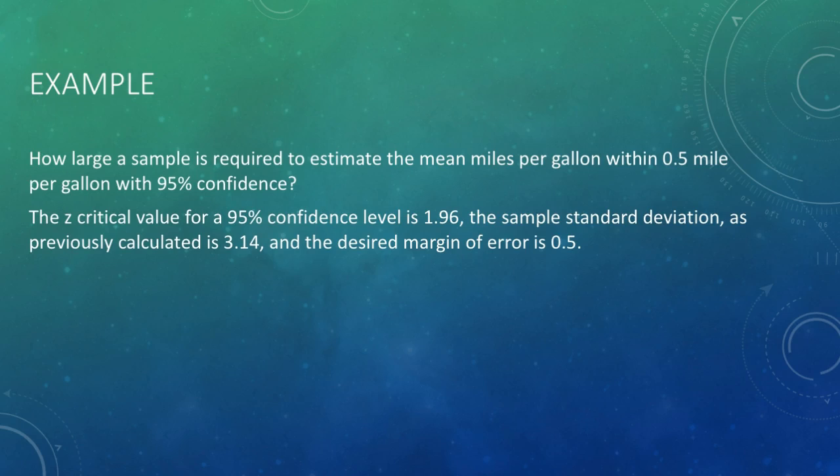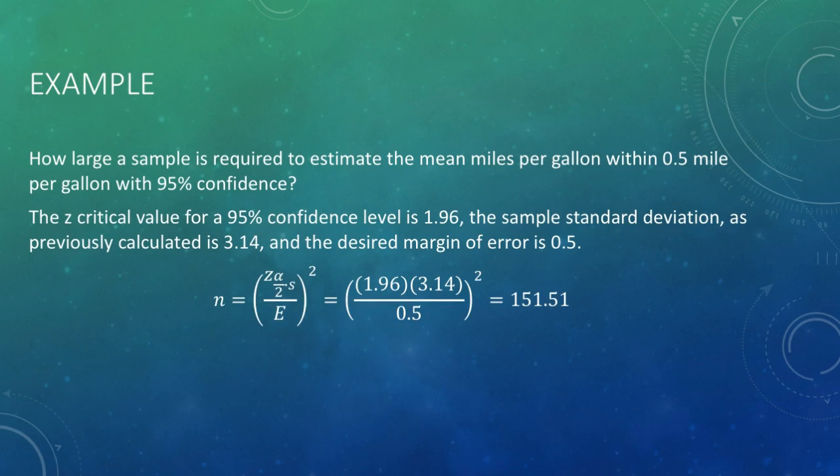The sample standard deviation we calculated way back on the first slide somewhere. That was 3.14. And when we plug those numbers into the formula correctly, you have the 1.96 as your critical value times the sample standard deviation of 3.14 divided by the margin of error, and then you square that answer. What I did was I did 1.96 times 3.14 divided by 0.5, no parentheses or anything, just typed exactly that in the calculator, pressed enter, got an answer, and then I just pressed the squared button once the answer was on my screen, and then it shows answer squared.